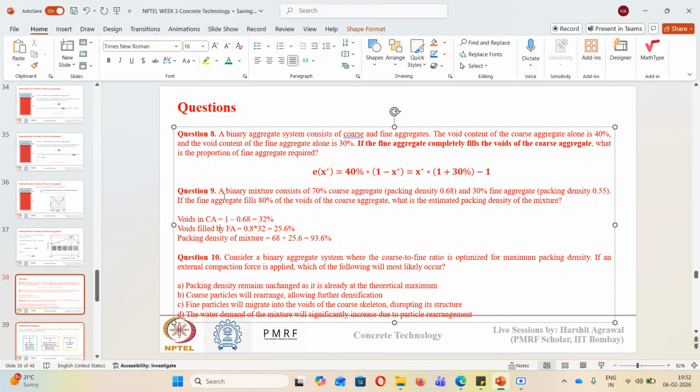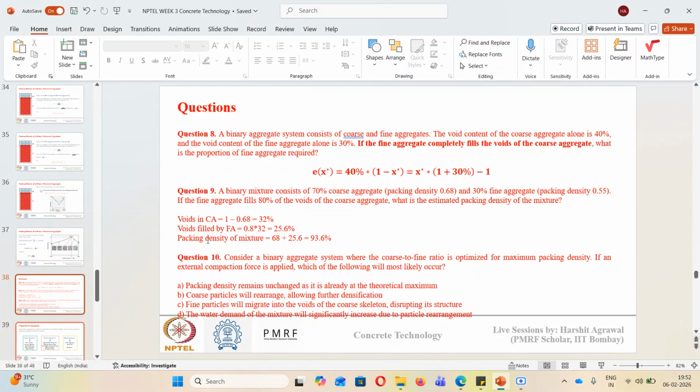Sometimes a question may sound confusing, but when you write the question in numerical terms of what it is saying, it can be simpler. We know the voids which are there in coarse aggregate, 80% of those voids are filled by fine aggregates. So the packing density now is 68% plus the voids that are filled by fine aggregate in coarse aggregate.